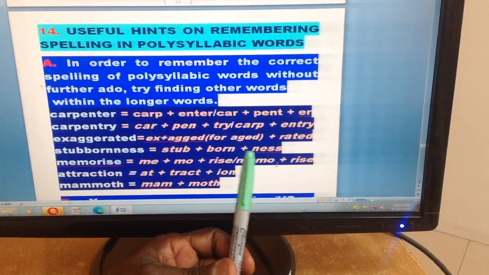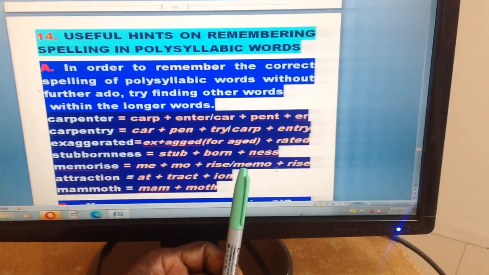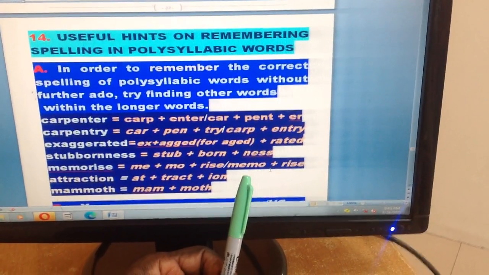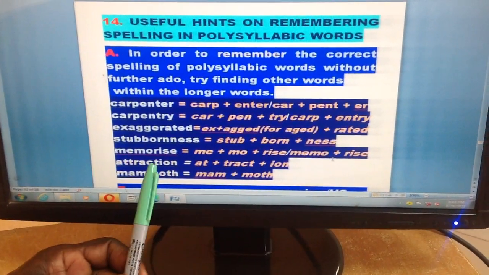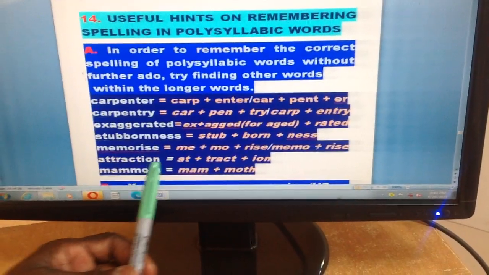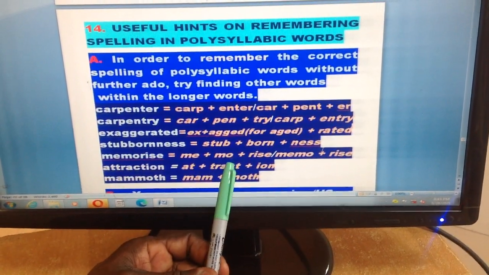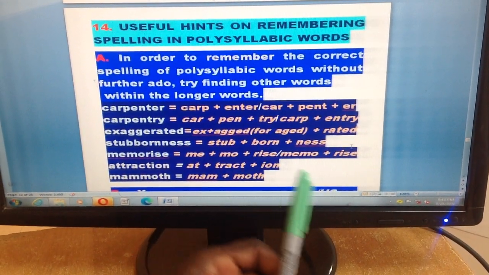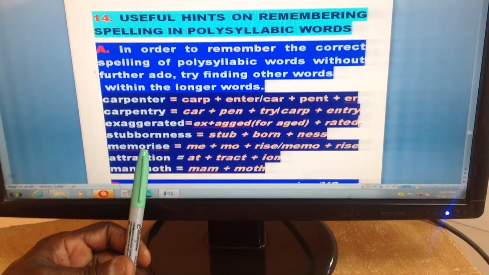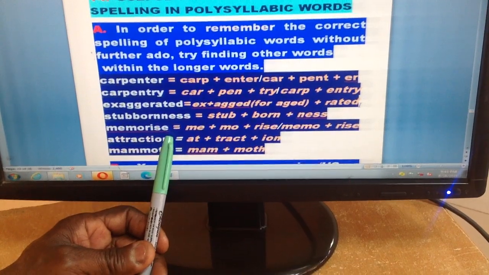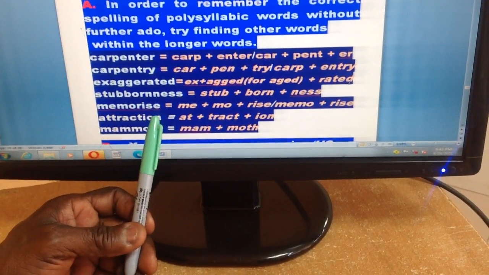Born with an E and without an E originate from the same root, to bear, to produce, to create, and so on. Memorize will give you me and mo, a short moment, and rise. Or memo and then rise. We have talked about I-S-E, which means, the suffix means to make.